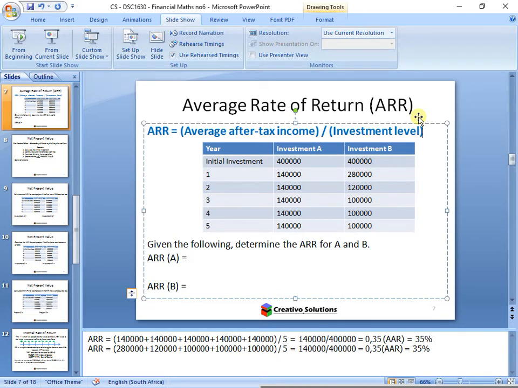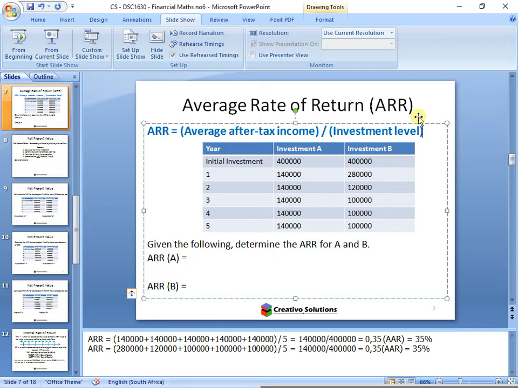What did you say that it was? Average after-tax income? Yeah, it's just the formula. The formula in your notes is the formula that you need to remember for the exam because you won't be given this equation, unfortunately. Average after-tax income divided by the investment times 100. If you multiply by 100, you'll get a percentage, which is what you want.